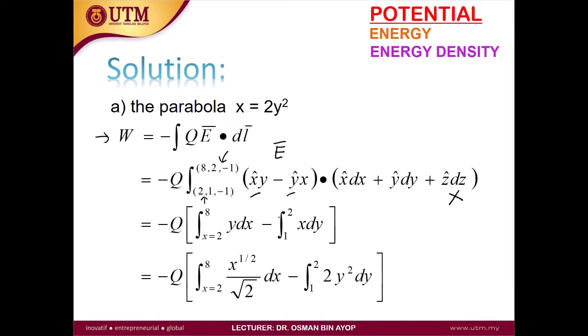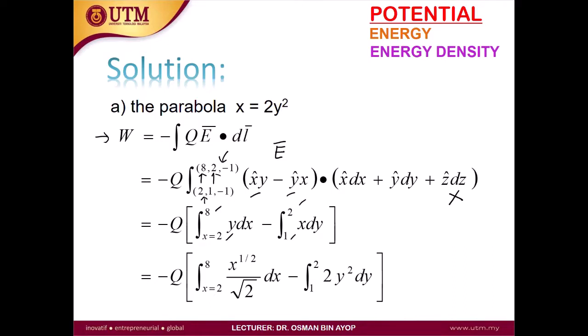When we solve this dot product, for component x we have y dx, and for component y we have x dy. The x goes from point 2 to point 8, so x equals 2 to 8. For y, it goes from 1 to 2.